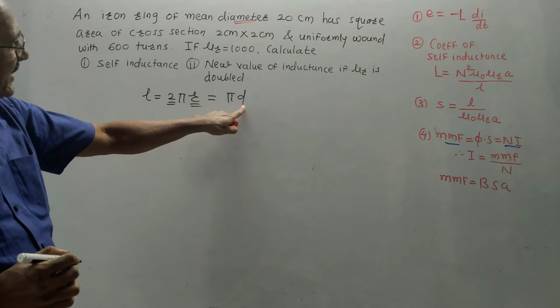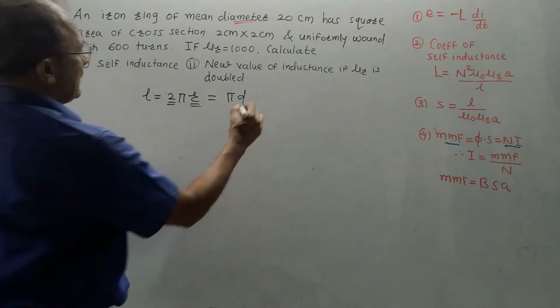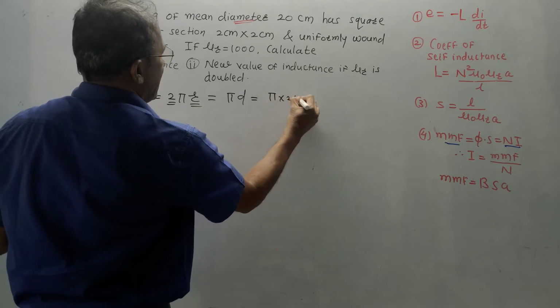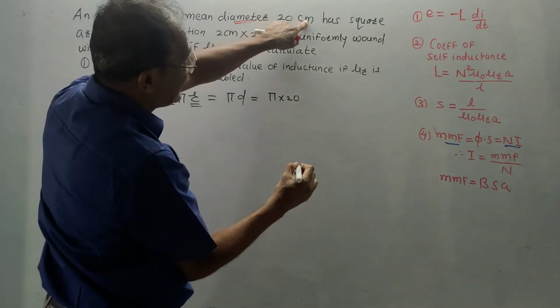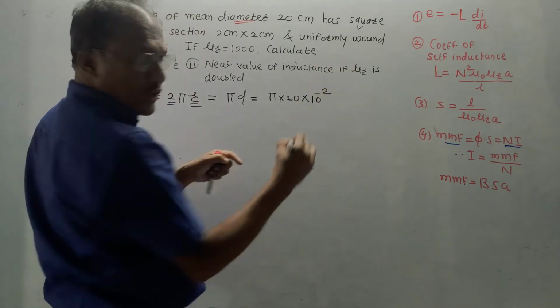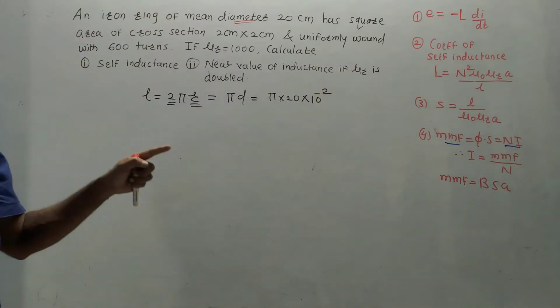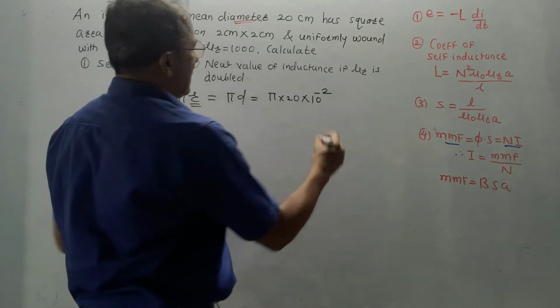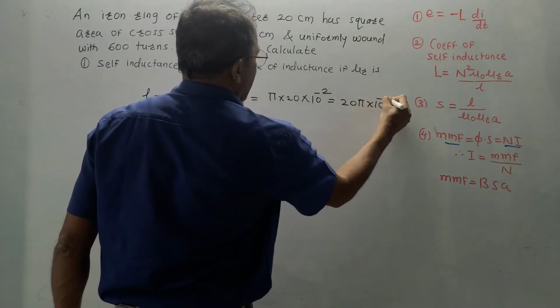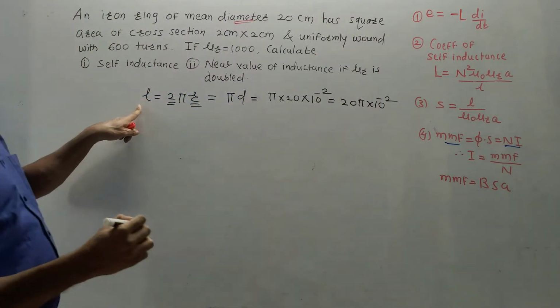D is the diameter, so I can well write this as pi into 20, that is 20 pi, but this is in centimeters, so I need to write 10 raised to minus 2, because we know the well-known relation, 1 centimeter is 10 raised to minus 2 meters. So this is 20 pi into 10 raised to minus 2. This is the value of L.